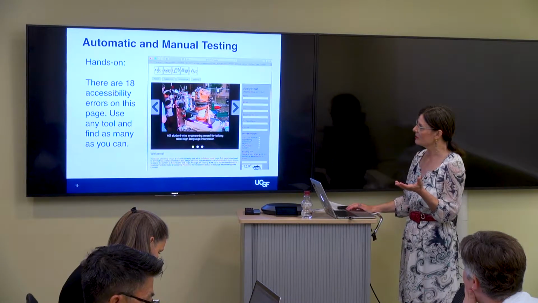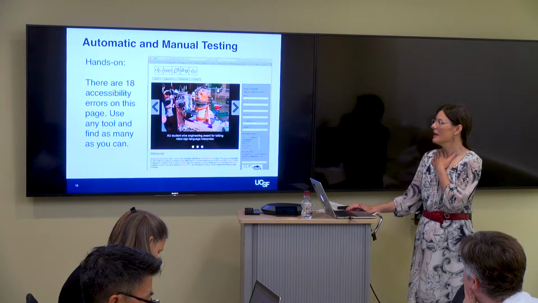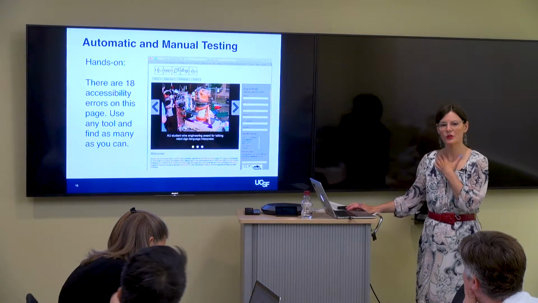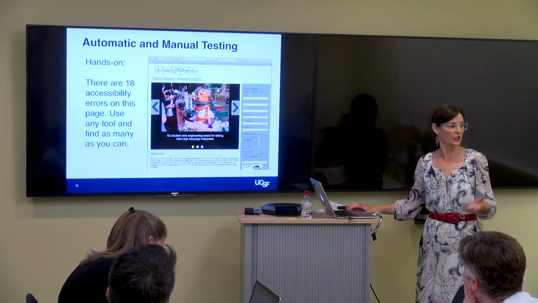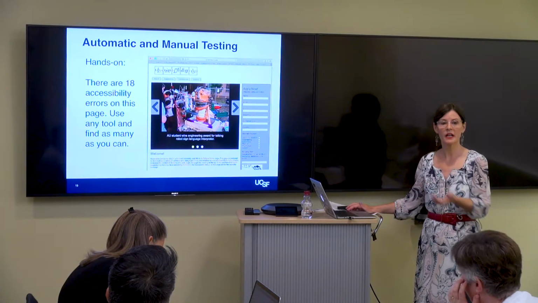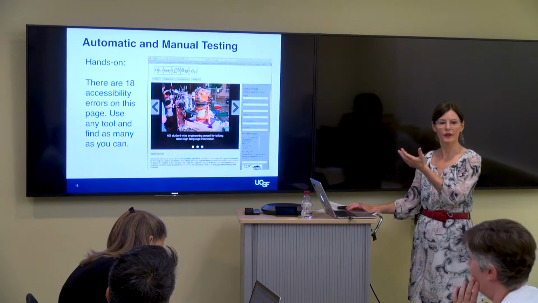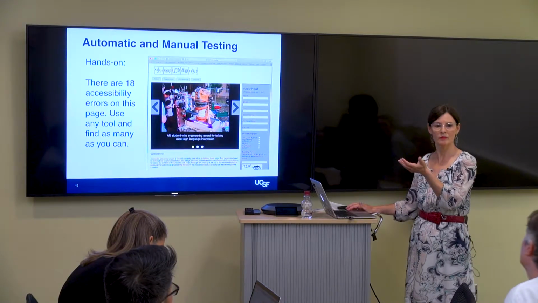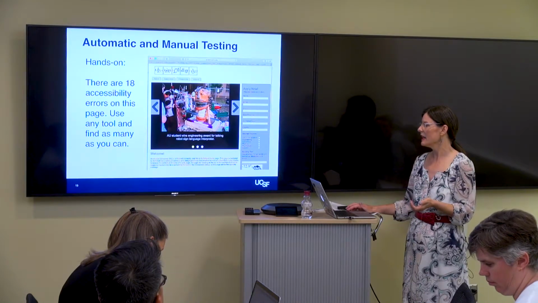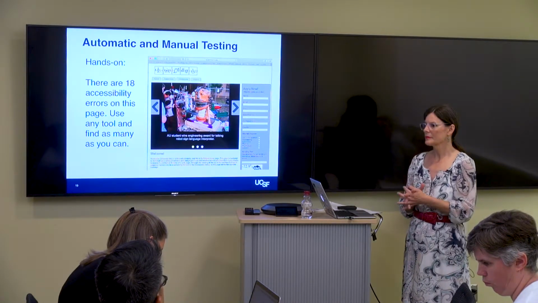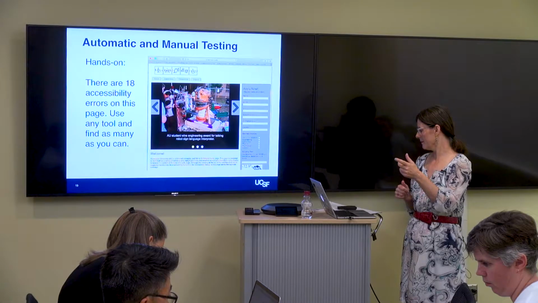We can play with this if you want. This is on the Teeny URL. This is a practice and testing page. So if you're going back and teaching other people at your university, this is sort of a pre-built one. It's a website with known things wrong with it, and I have some lists back there.